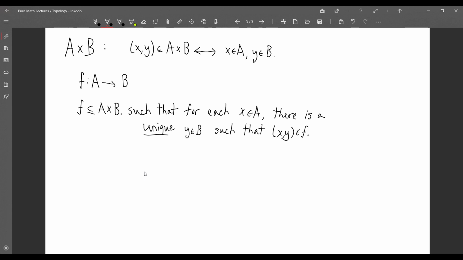And so this uniqueness is why we use the notation y equals f of x, right? If you try to define a function, you'll probably tend to use vague terms like, oh, it sends elements of one set to another.